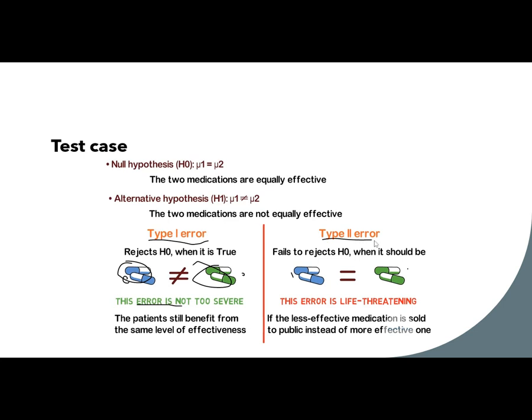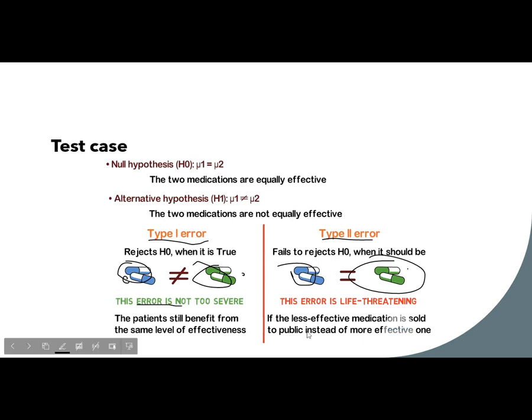And coming to a type 2 error, it fails to reject H naught when it should be rejected. Let's consider these two medicines are the same, the chemical composition and the amount are everything the same, but it's not advised to give it to the patient. It's not at all related to the person's medical history or what the medication is.